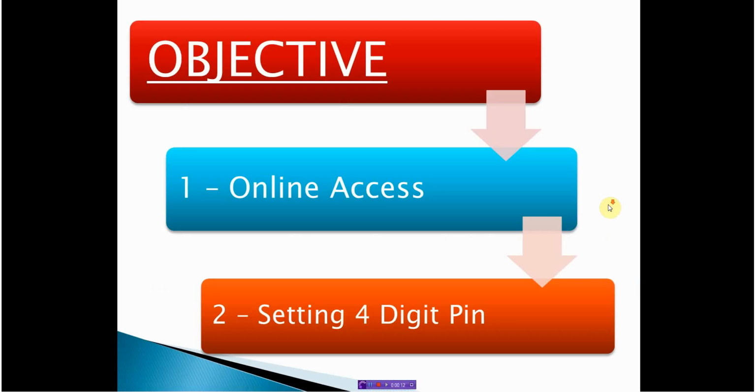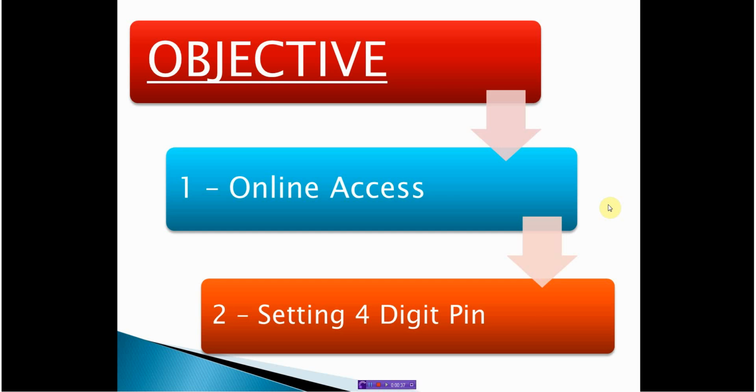So basically our main objective is to access our online account in Syndicate Bank, and the second one is to set a 4-digit transaction PIN. One simple reason why I created this video clip is I could not see any simple straightforward steps by adopting which I could have accomplished these two steps.